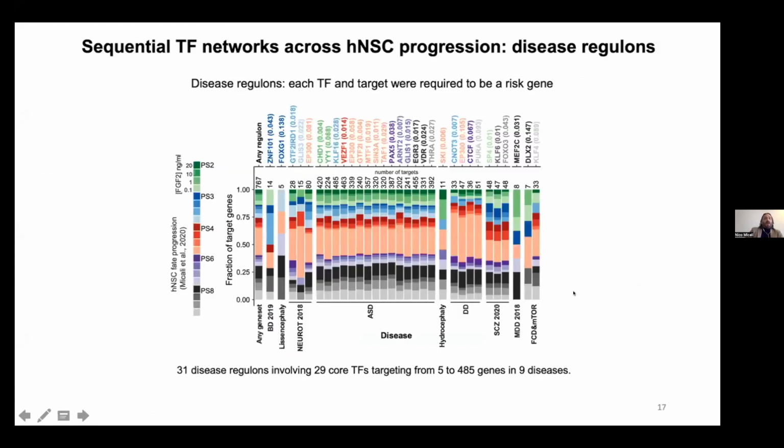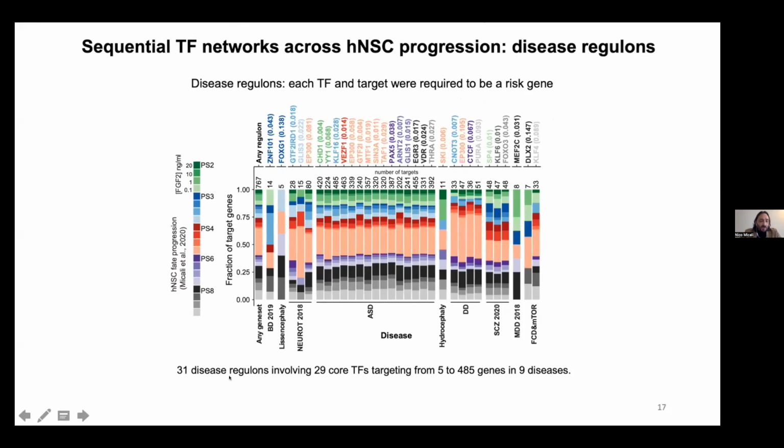Okay, so what we did next was to identify transcription factor networks across this neural stem cell progression. Here we required that the transcription factor and target belonged to the same disease gene list and were co-expressed.